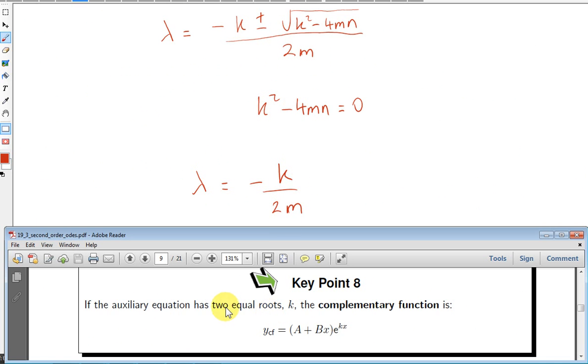So we just have one root, or this one root is sometimes referred to as two equal roots. And here's the solution. This is the form it takes. Now we have different notation here in this video, so I'll just adopt it for the notation we are using here.